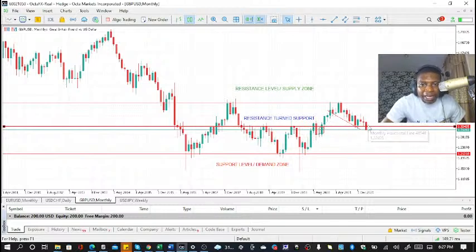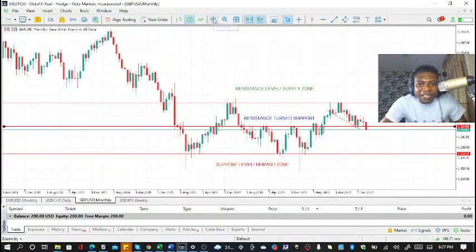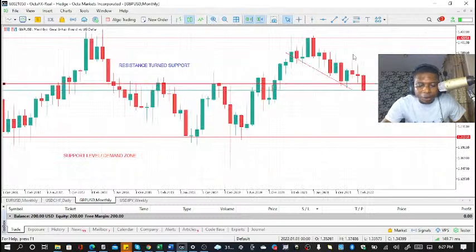On a normal note, we should be expecting that since this resistance level has now turned support, price should reject at this level, right? But we can see price reject, not so significantly, at this level.